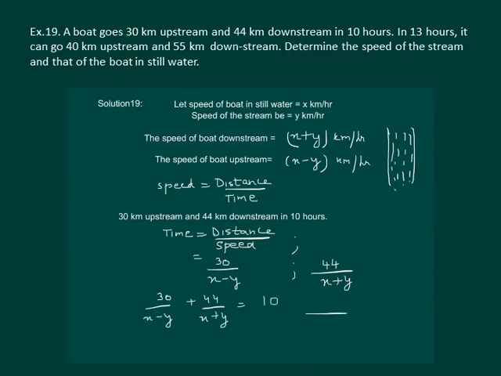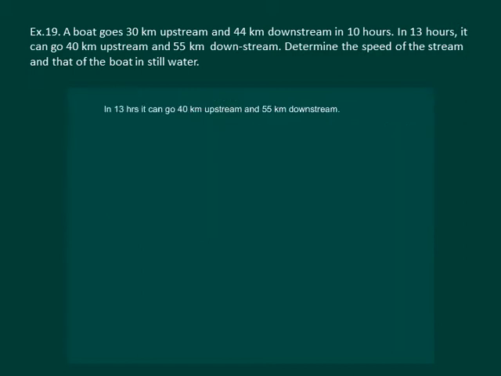So finally we have reached one of the equations. Now let us look at the second condition in the question. In 13 hours, it can go 40 kilometers upstream and 55 kilometers downstream. Again, we have the formula time equal to distance by speed.